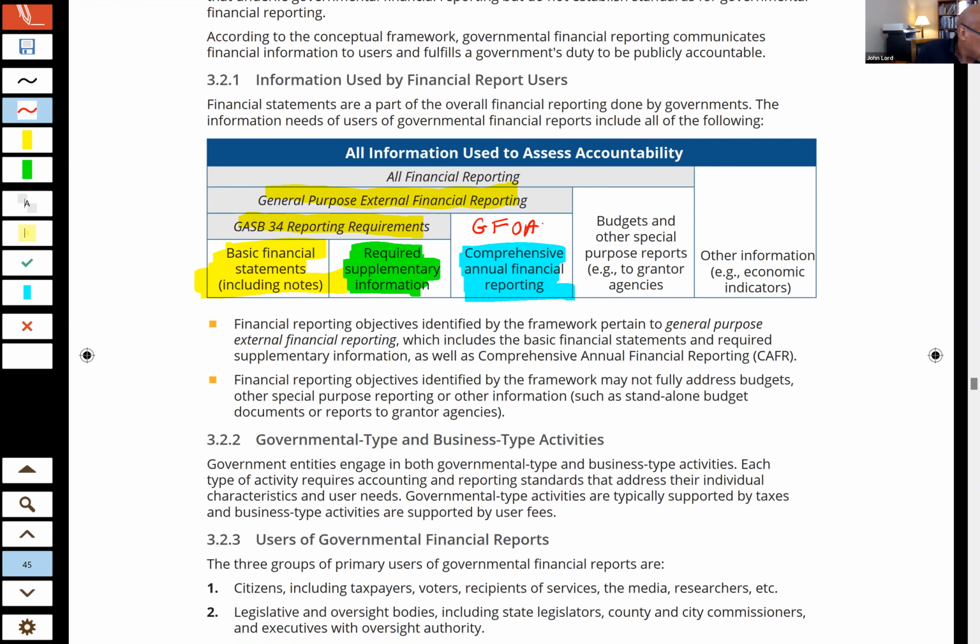So that's not really the GASB, and the CPA exam doesn't get into a lot of mention of the Government Finance Officers Association's Bible. That's where a lot of the information comes from that is talked about in the Comprehensive Annual Financial Report, but it is not very extensive on the exam, okay?